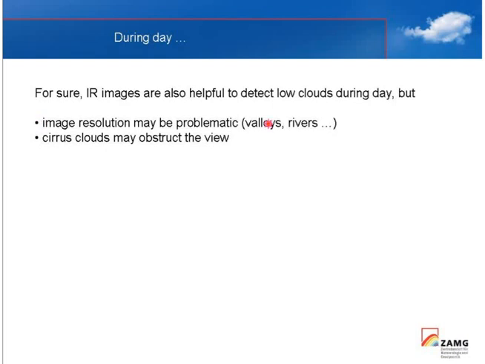Another drawback of using the infrared image is that high cirrus clouds obstruct the view to the ground. Compared to the high resolution visible image, cirrus is transparent in the visible image, and this is not the case in the infrared image. I will show you an example now.